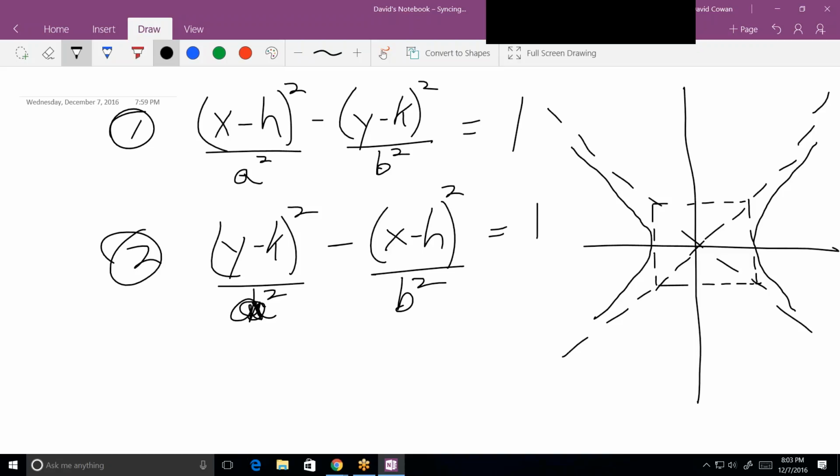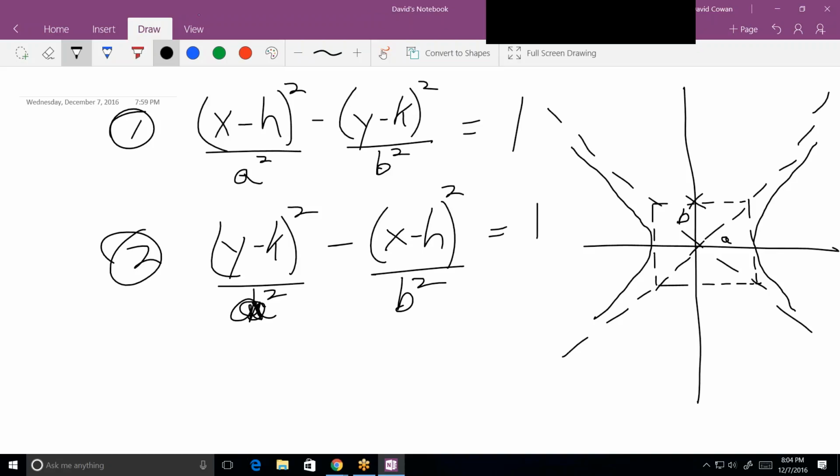Okay. And A is the distance from the center to the vertex. And B is that measurement. Now, there isn't anything located right there. So B doesn't really show up, because everything I've drawn in dotted lines doesn't show up when you graph the hyperbola. In other words, if I wanted to graph it, I would erase my rectangle and the diagonals.